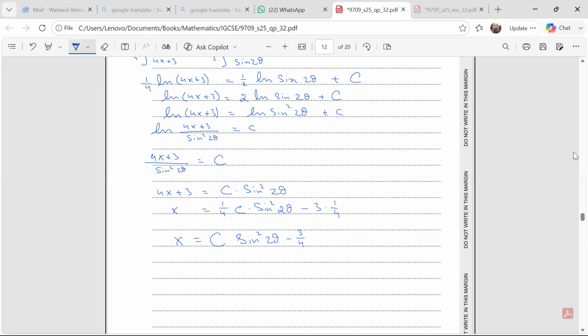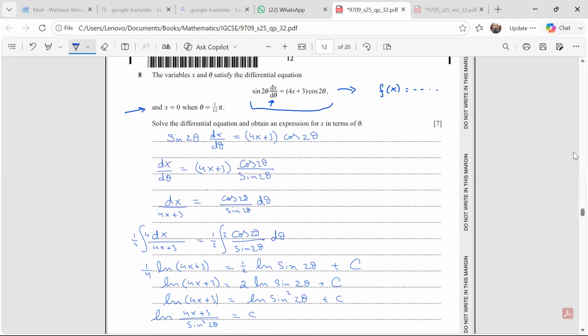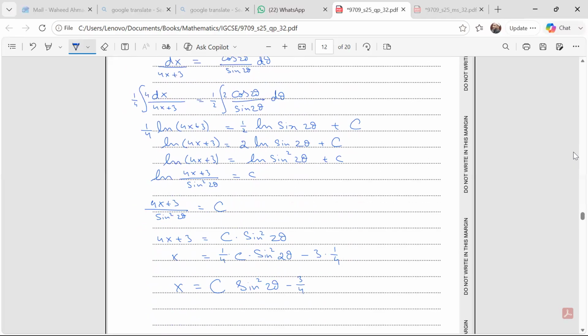But now I have to incorporate the boundary condition. When x is 0, theta is 5 by 12. Let's put this condition into this equation.